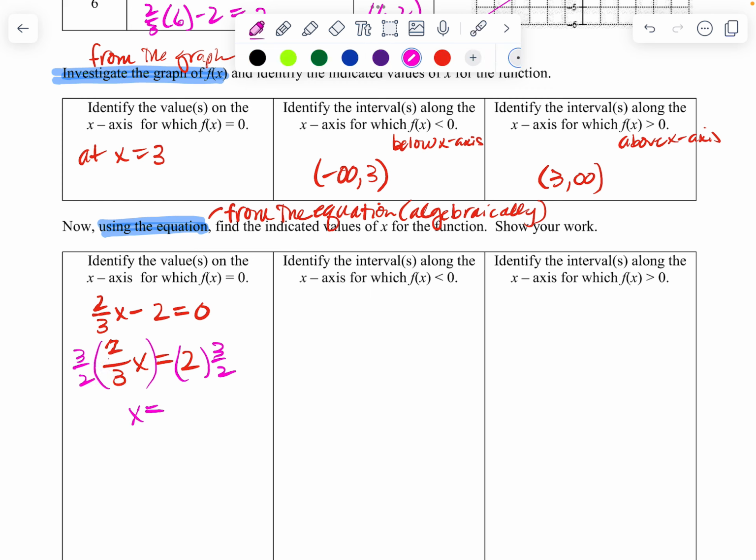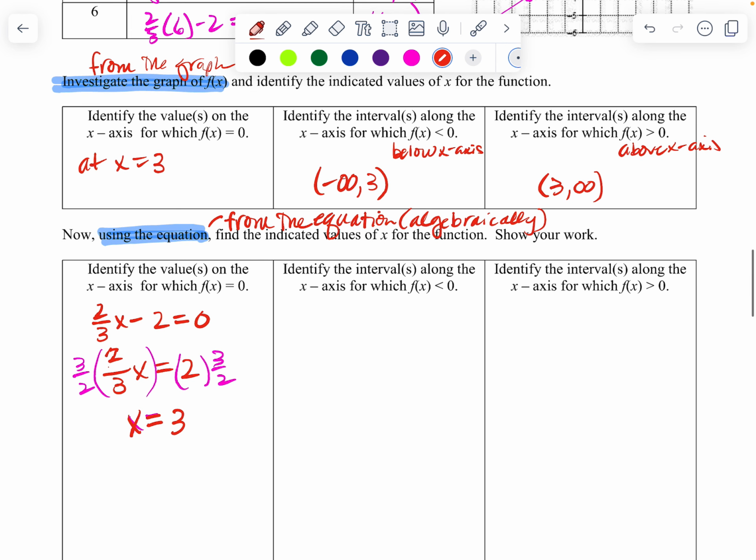And over here, I've got 2 times 3, which is 6, divided by 2, which is 3, right? Notice I have the same answer as I got previously. This says that according to the equation, the function equals 0 when x equals 3. The graph said the same thing. So the equation and the graph say the exact same thing.